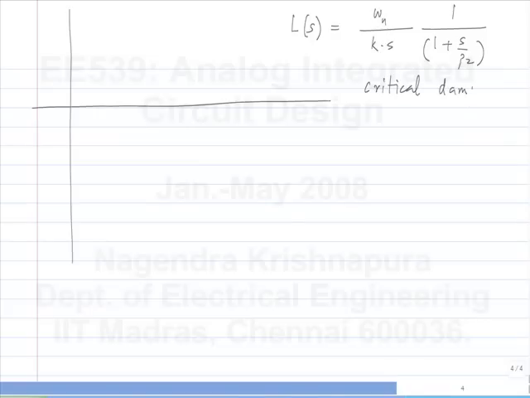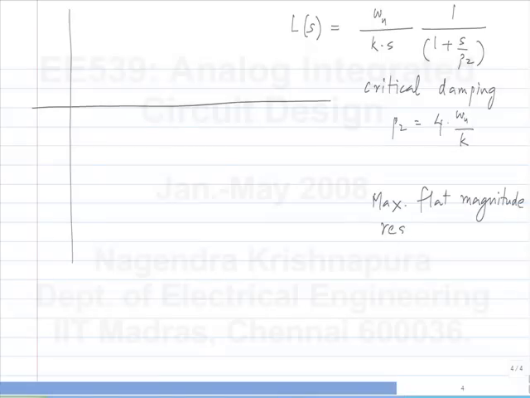So for critical damping, P2 is 4 times omega u by k, and for maximally flat magnitude response, P2 is 2 times omega u by k.